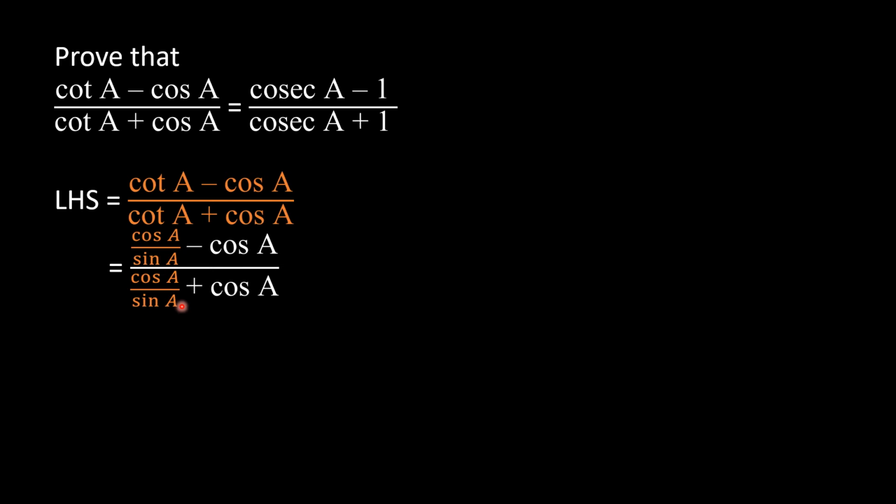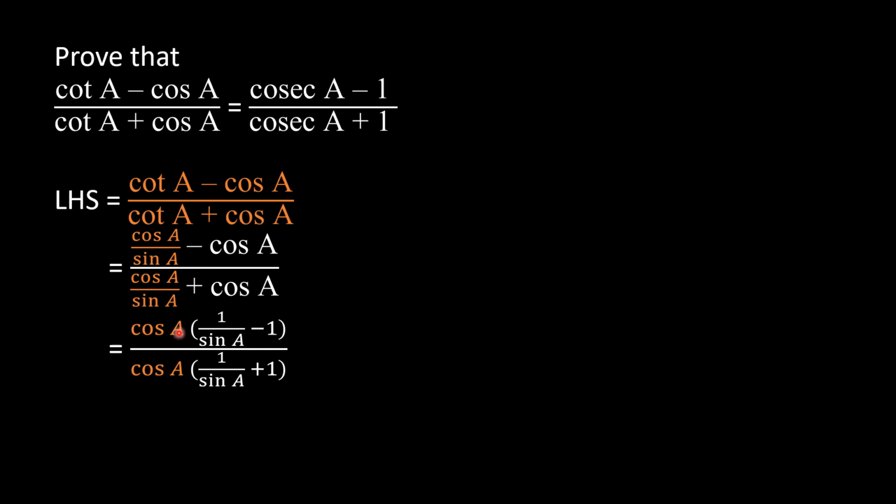Now we will take this cos A common from numerator and denominator and write cos A multiplied by 1 divided by sin A minus 1, cos A multiplied by 1 divided by sin A plus 1.